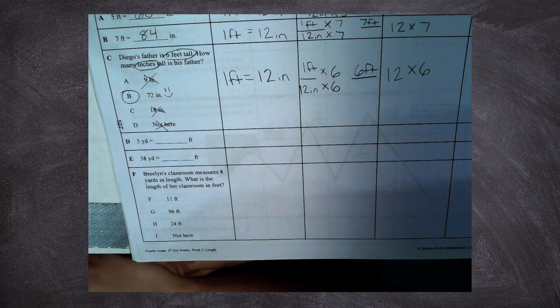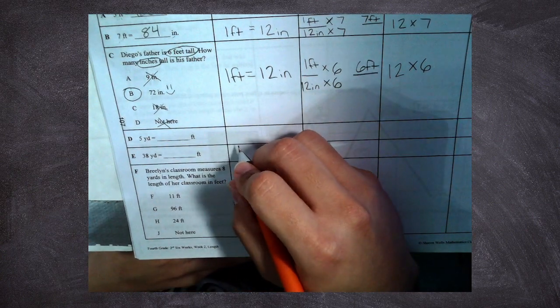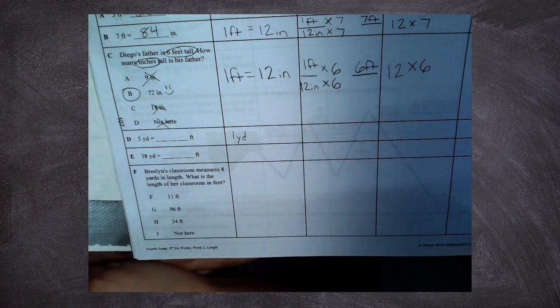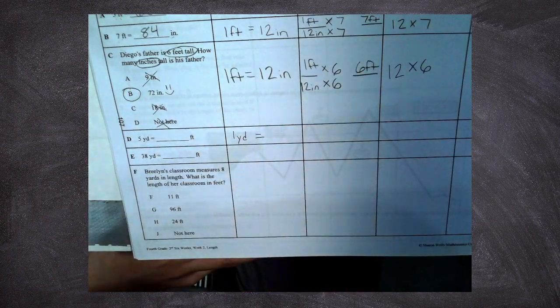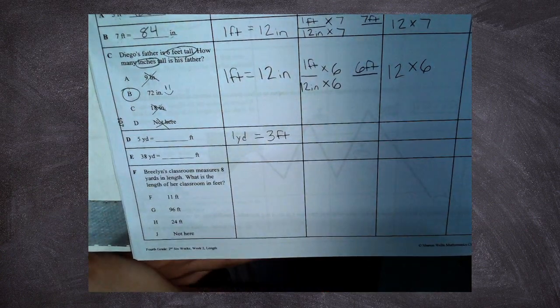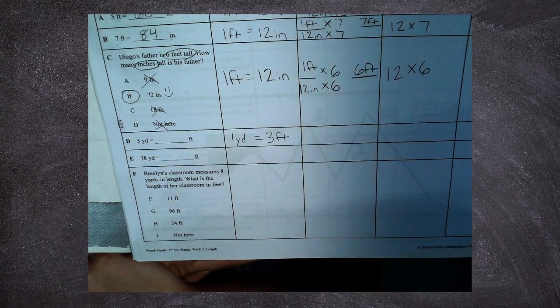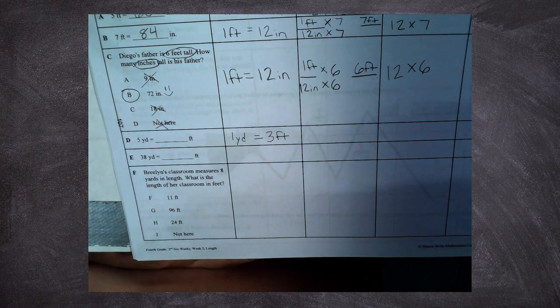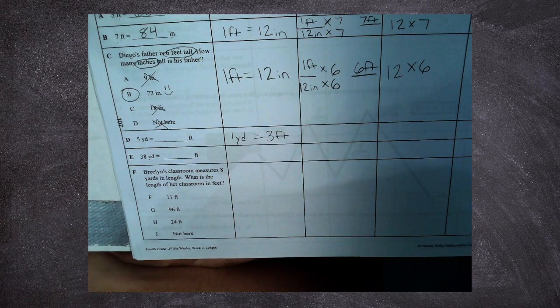So if I take a look at that paper, my conversion chart, and if I look in length, under customary, I can find a line that says 1 yard is equal to 3 feet. One yard is equal to 3 feet.